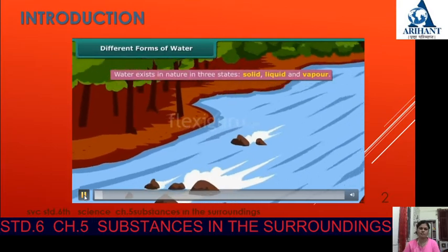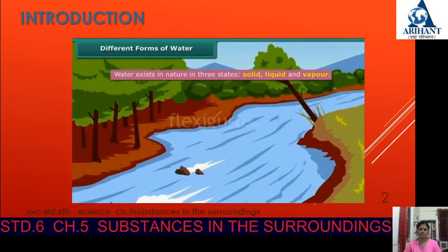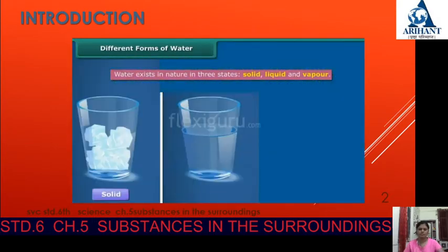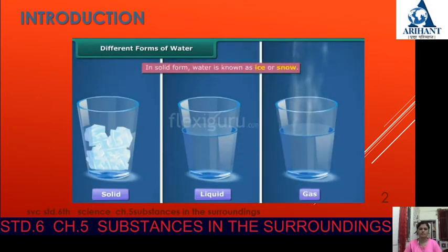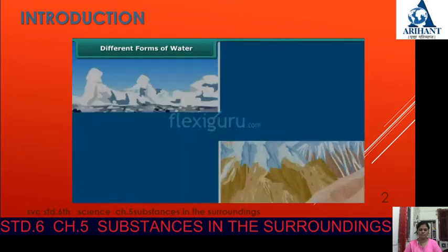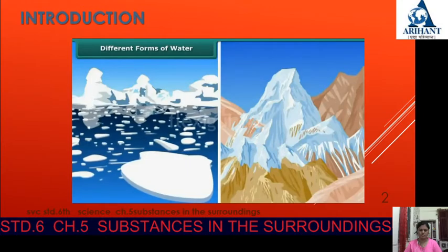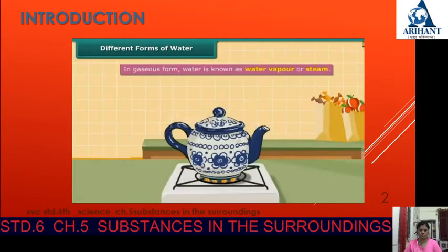Water exists in nature in three states, that is, solid, liquid and gas. In solid form, water is known as ice or snow. It is found at the poles as ice caps and in glaciers and mountains as snow. In gaseous form, water is known as water vapor or steam.